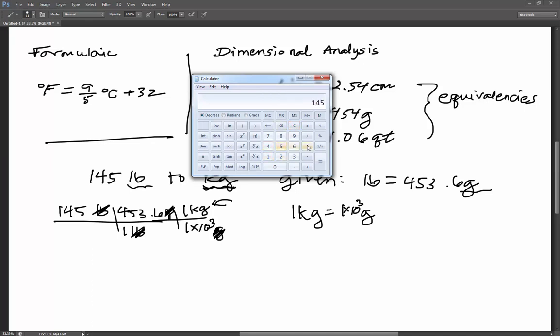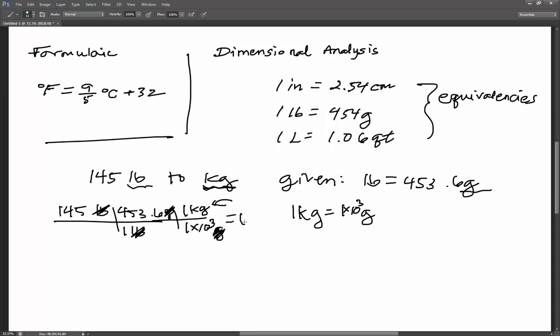I could do 145 times 453.6, and then divide by, if I put this in parentheses, it should solve my problem. Close the parentheses. That keeps everything together on the bottom, being divided by that thing. And that gives you the right answer of 65.8 kilograms.